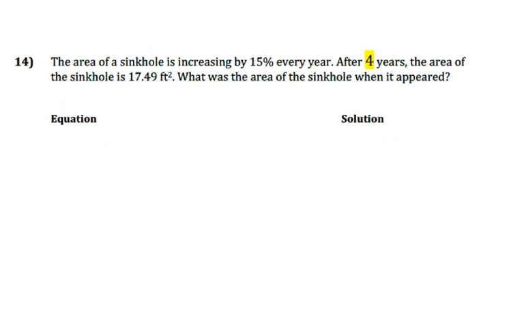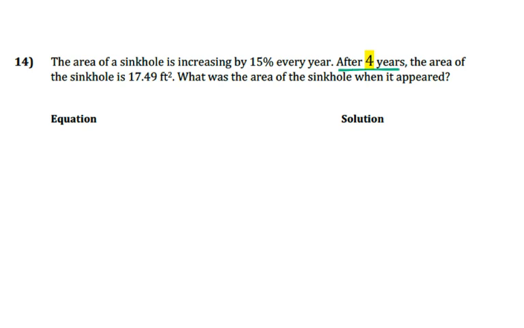Number 14. The area of a sinkhole is increasing by 15% every year. After 4 years, the area of the sinkhole is 17.49 feet squared. What was the area of the sinkhole when it appeared? So we're going to identify the things we know.